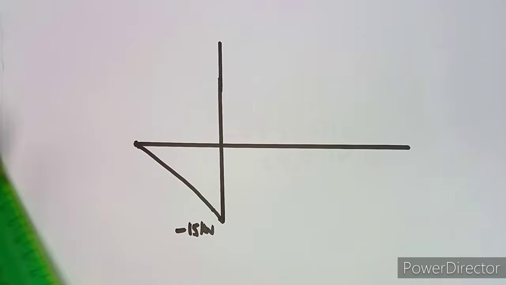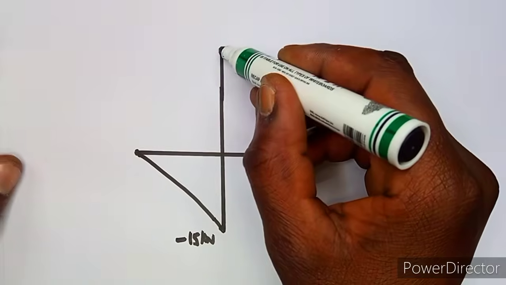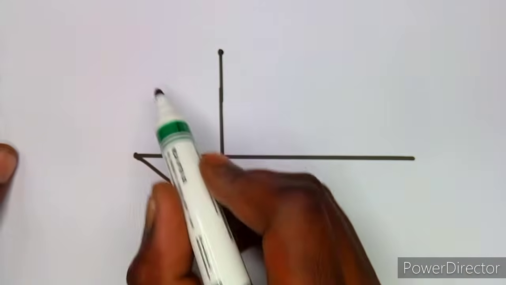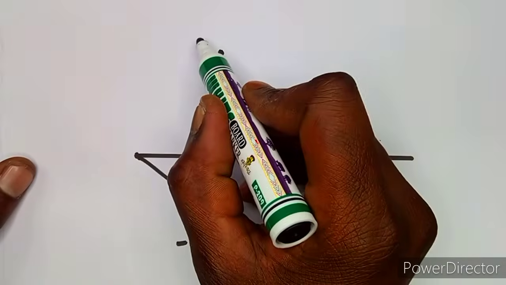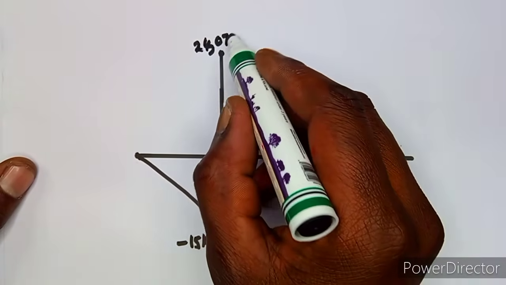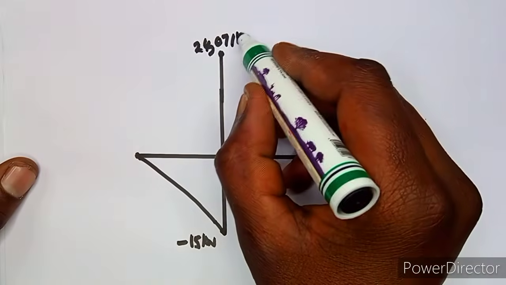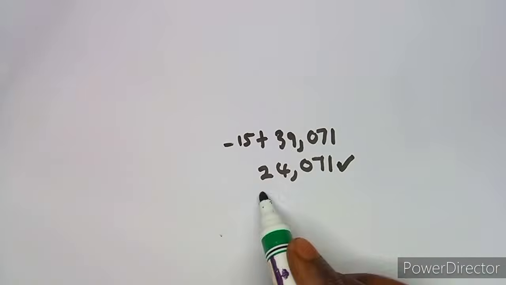This is where we are at, 24.071 kilonewtons. Remember, we said it's 24.071.